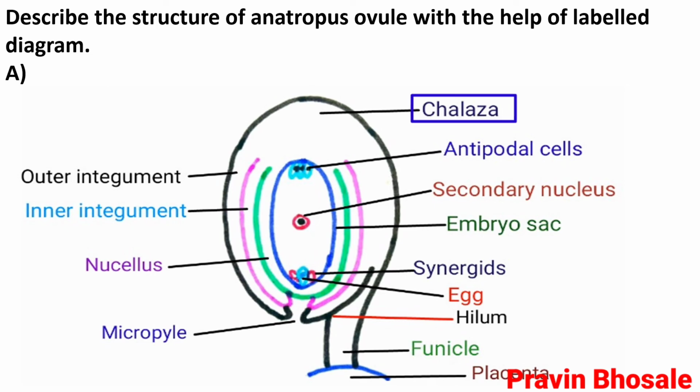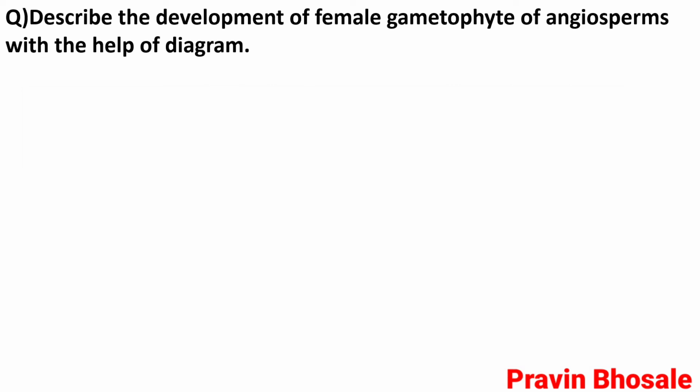This part is the chalaza, from which arise the integuments. From micropyle to chalaza is the body of an ovule. The stalk of an ovule is called the funicle, and the region where the body gets attached to the funicle is called the hilum.